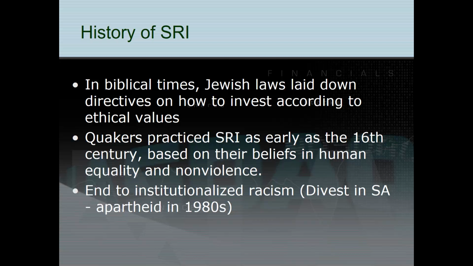The Quakers practiced it very early. They wouldn't invest in anything economically, particularly slavery, nonviolence. This last one's kind of interesting. I actually did a little bit of research on this, and actually have been going through this at the University of Montana. Do you know what the idea of divestment means? Have you ever heard that?